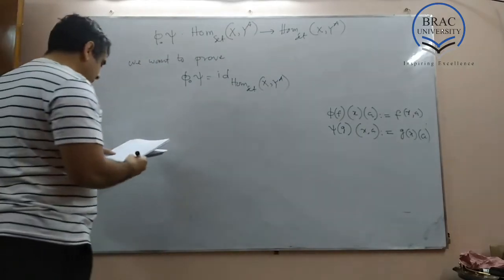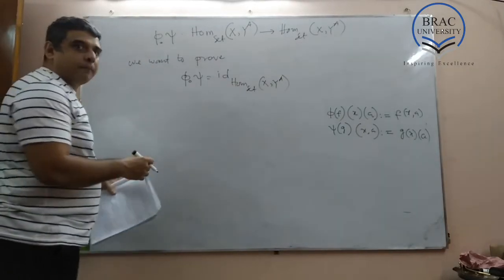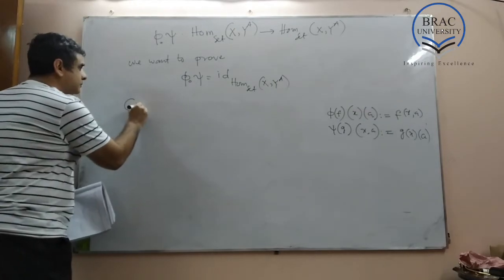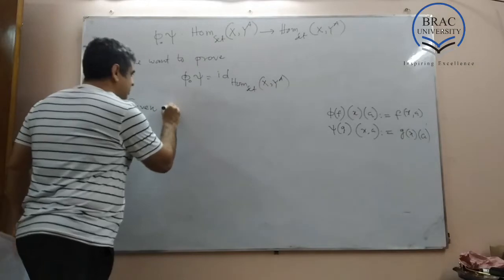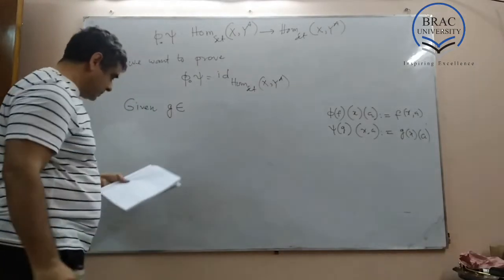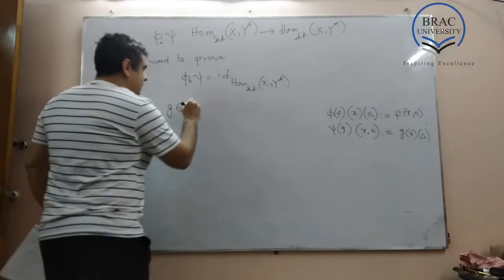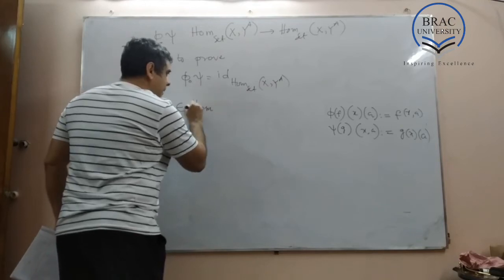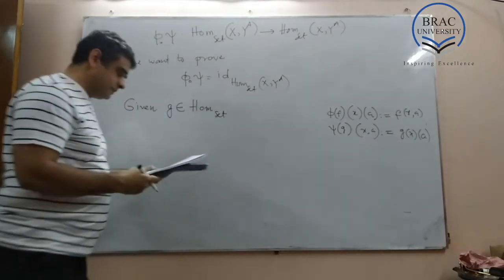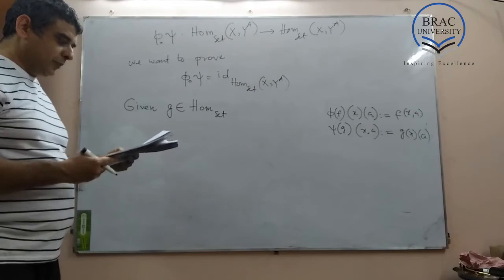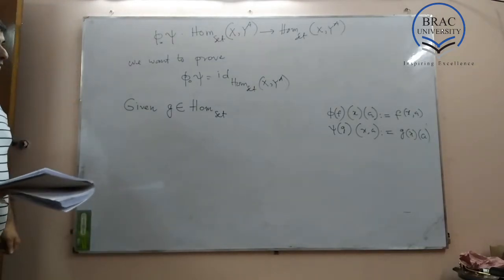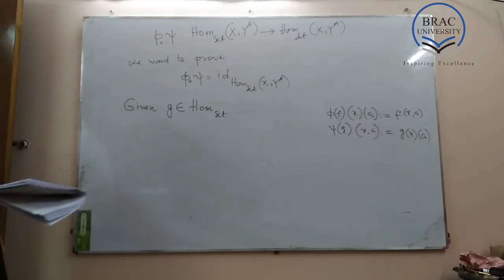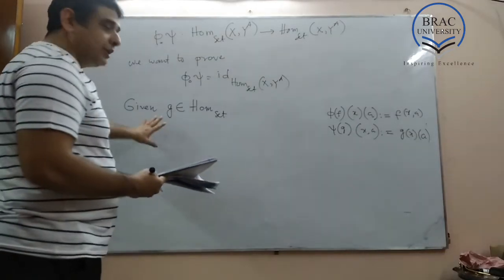Let's do it. So given g in the home set, I'm going to take some time to finish the first segment. Okay, more than the usual time for the other lectures, because I need to finish the proof.